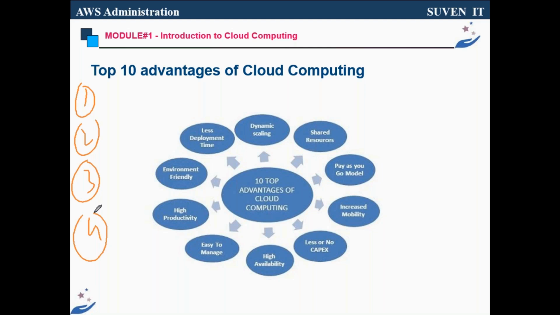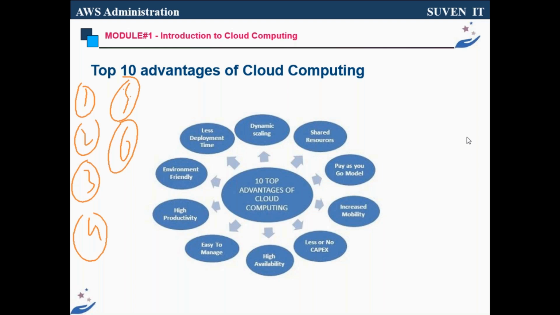Why do we go for a cloud environment? To manage physical data centers, physical infrastructure and people is very hard, so we go for cloud computing. Then what exactly is cloud computing, what is it doing, and what are its advantages, we are understanding.